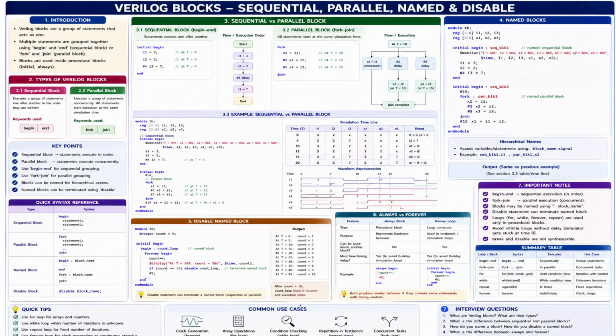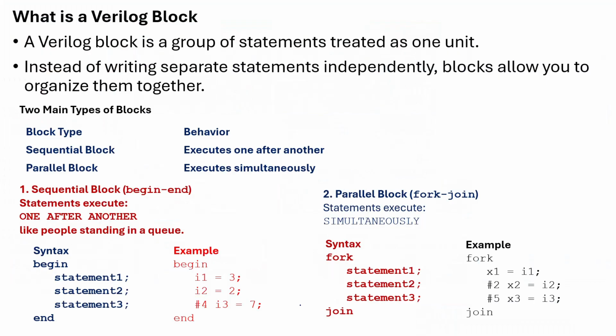Why do we go for names? To know which block I want to execute. Because when going for complex designs, we go for blocks by names. Okay, and also disable statements: if you want to exit from a block, you can use the disable statement.